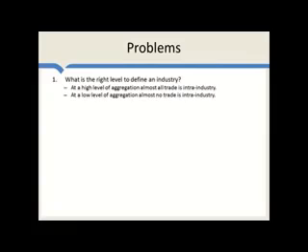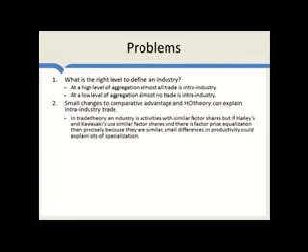The second objection, and a more important one, is that small changes to comparative advantage and Heckscher-Ohlin theory can in fact explain inter-industry trade. And the basic idea is this. In trade theory, an industry means activities with similar factor shares.